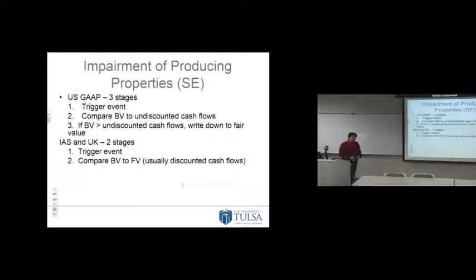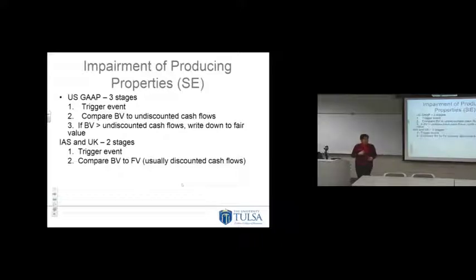Okay, so that was unproved property. What about producing properties? Well, producing properties are cash-generating units. And there are some overall rules for the impairment of cash-generating units. So these rules that we're following are not just for the oil and gas industry.